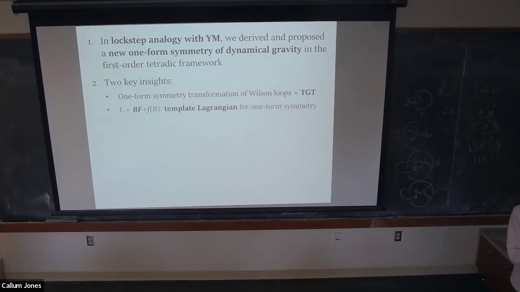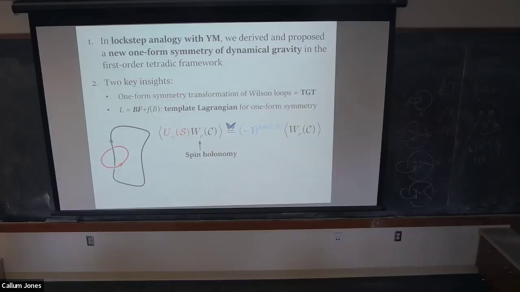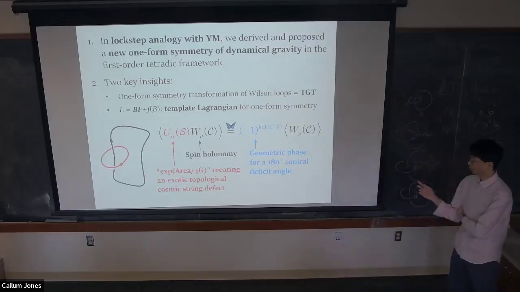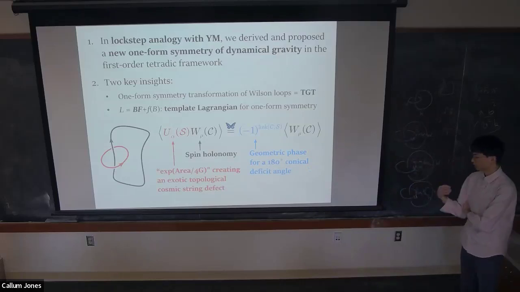Secondly, BF plus FB serves as a template Lagrangian for manifesting one-form symmetry. And we concretely derived this identity between the spin holonomy and the conjugate operator encoding area over 4G, and interpreted this linking number vector as the geometric phase for a 180 degree conical deficit angle.